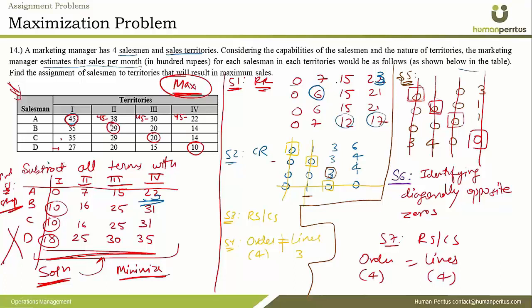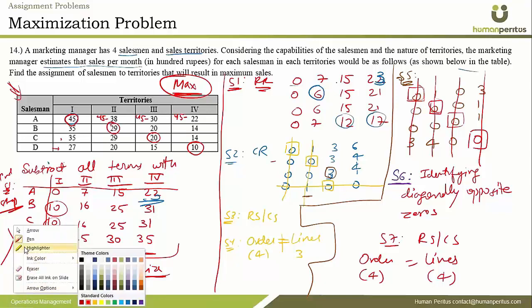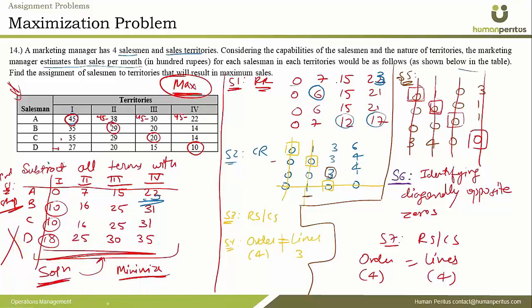Okay, so what would be the cost? Let me write the answer here. What would be the cost? Cost would be 45 plus 29 plus 20 plus 10.